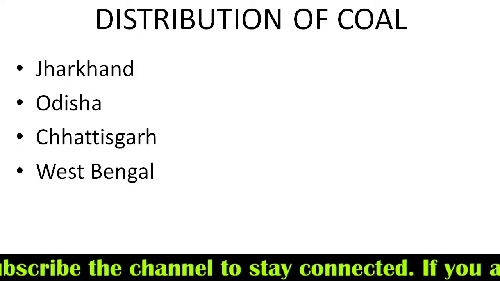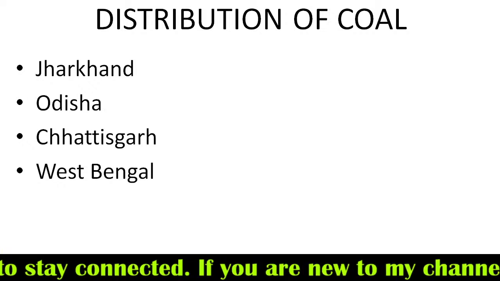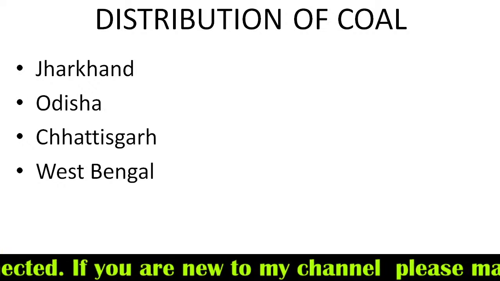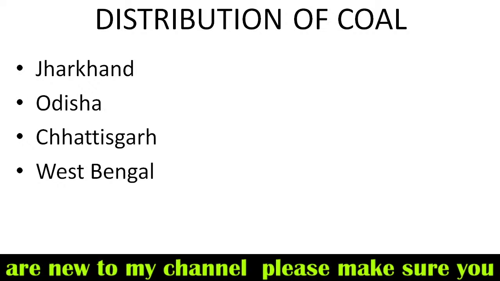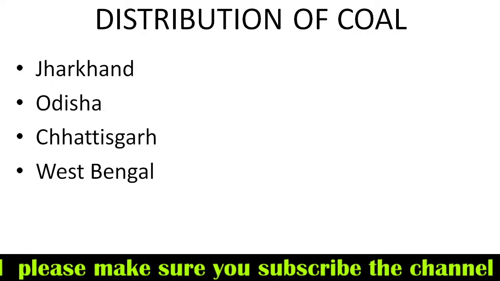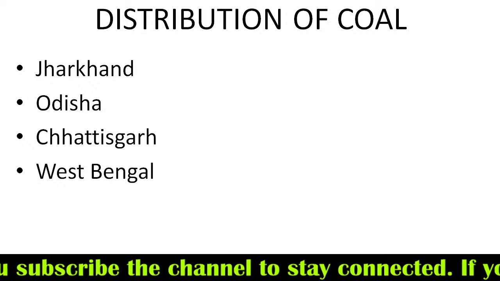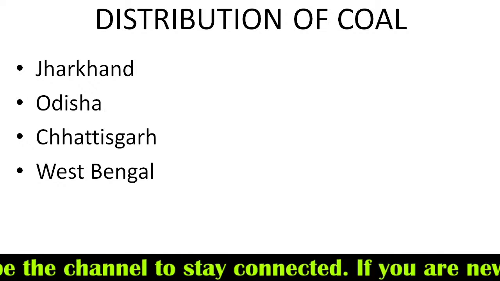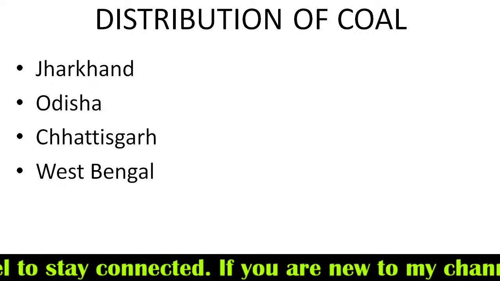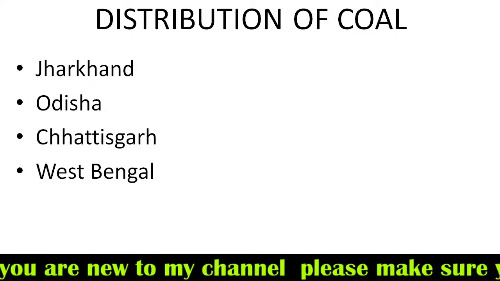Then if you divide it by river valleys, one I said state-wise, another is river valley-wise. Remember, coals are obtained in the river valleys. Now if you go by the river valleys, important coal producing areas in India are the Damodar River Valley coalfield.